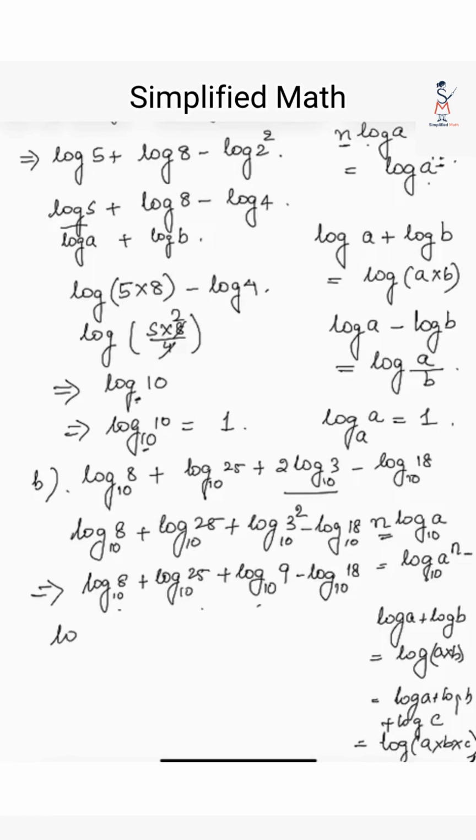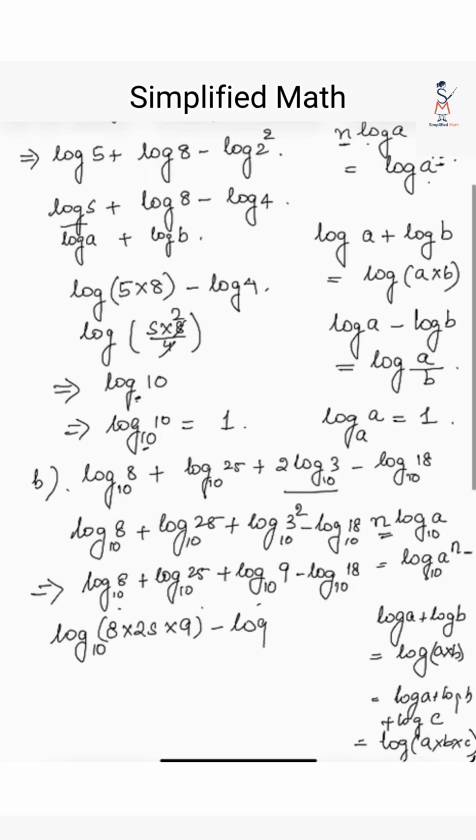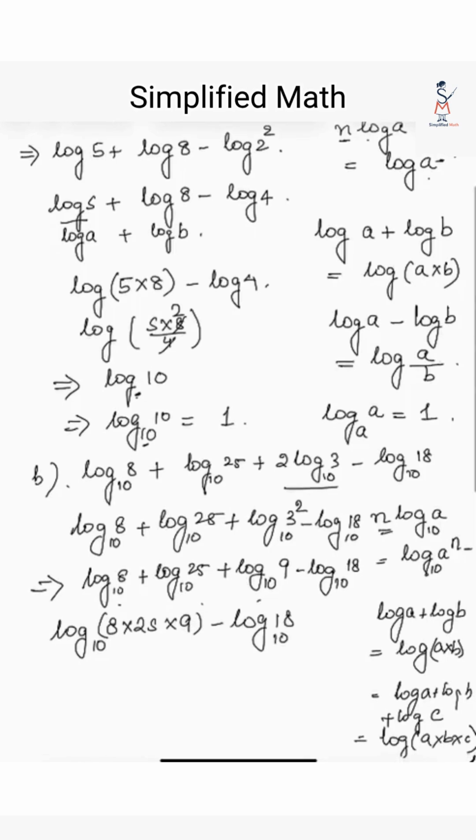So this will become log 8 into 25 into 9 to the base 10 minus log 18 to the base 10. This log 18 comes from up.